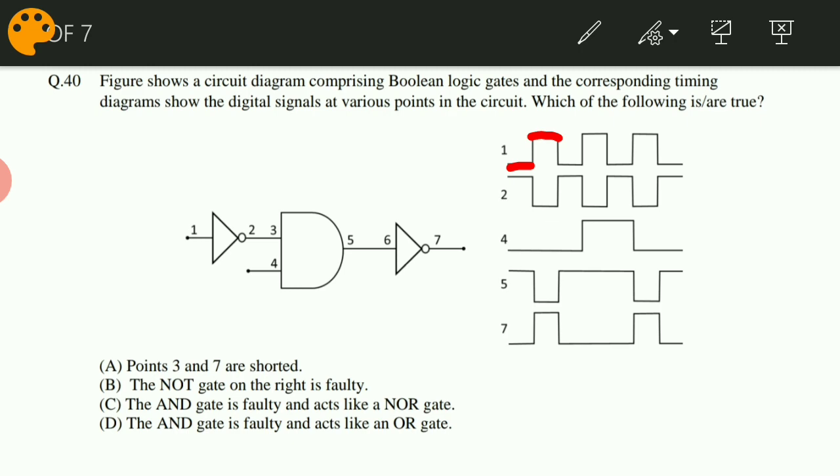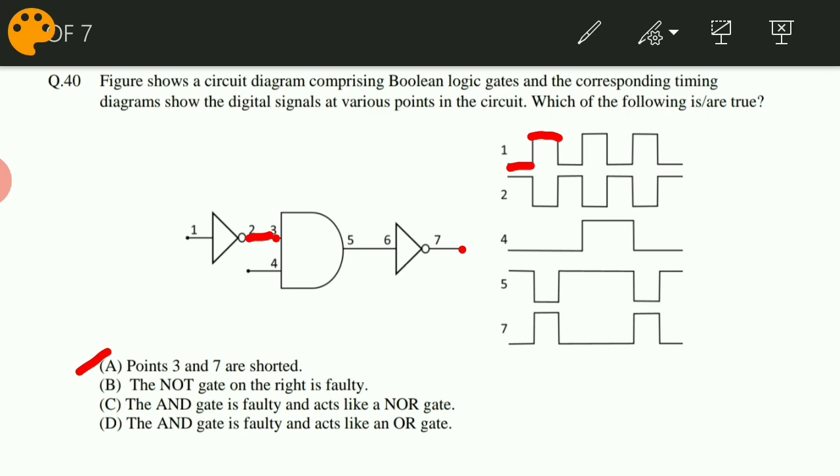The first option is that points 3 and 7 are shorted. In this figure, these 2 points are points 3 and 7. They are not directly shorted, but if they are shorted, that means the voltage at these 2 points will be the same. What is the voltage at point 3? It should be the same as at point 2 because they are directly connected.